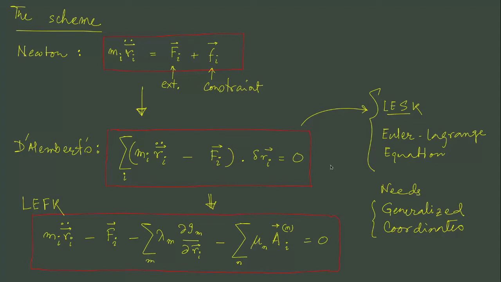A much better option would be to work with an equation of motion where there are no constraints. So for that, we introduce the concept of generalized coordinates, and we show that starting from D'Alembert's principle, one can get the Euler-Lagrange equation or Lagrange's equation of the second kind, a more general version, using the generalized coordinates.